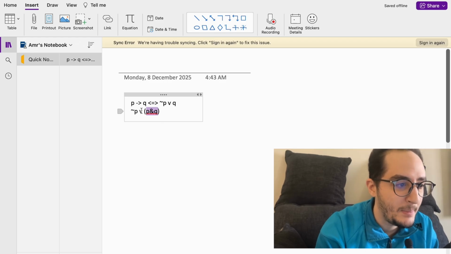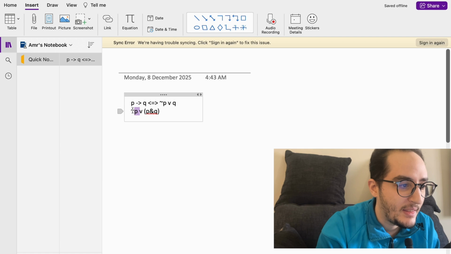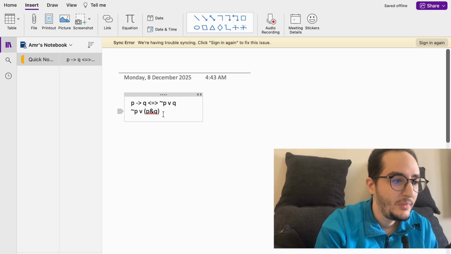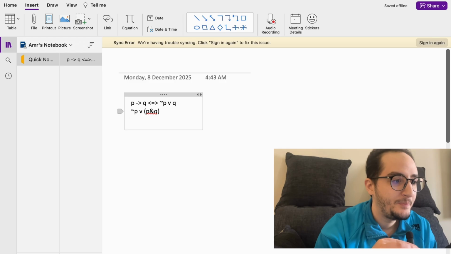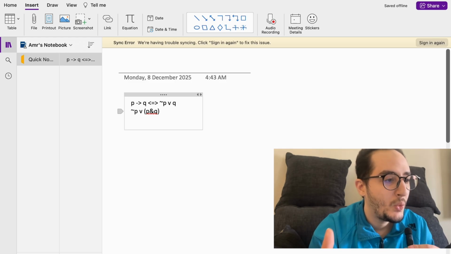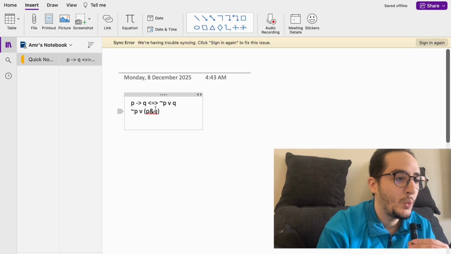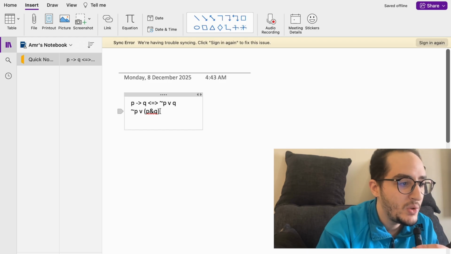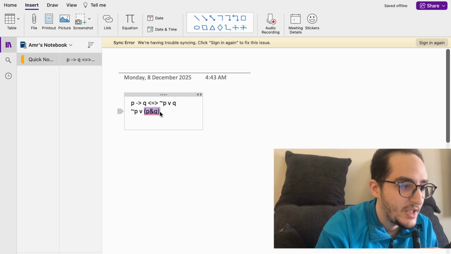So we have established that this statement is equivalent to this statement. And using the rules of logic, we can distribute this part which is not P to this part which is P and Q in parentheses.